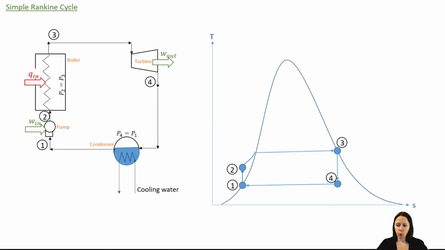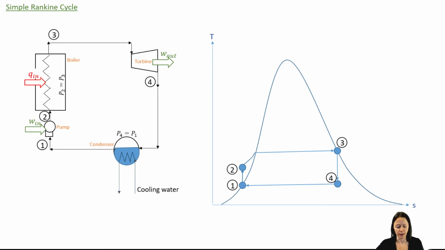Now, the way the condenser works is you've got two streams transferring heat between each other. You've got the steam, or the water, in the Rankine cycle, that loop 1, 2, 3, 4. But then you might have another separate loop of cooling water, and those two streams don't come in direct contact with one another.